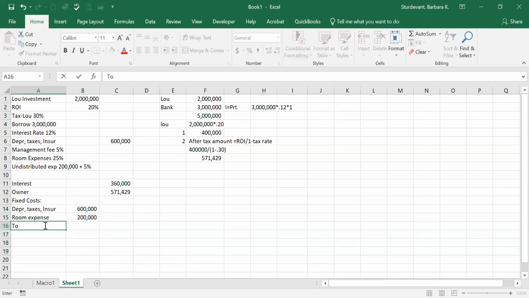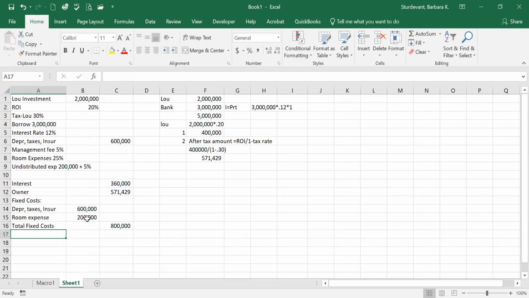And these problems are going to be different every time. There's going to be the standards. These 2 are always, but this is going to change, and the variable cost will change. So those are total fixed costs. We have interest of 360.